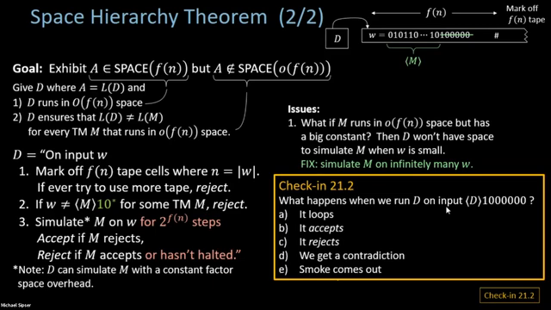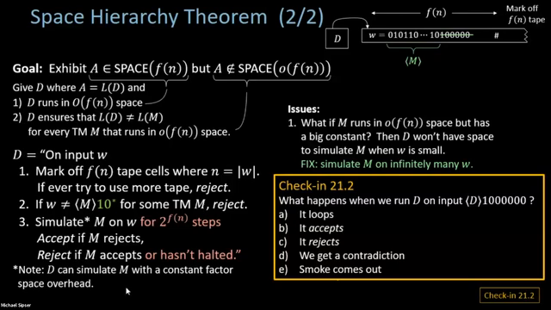When you run D on itself, what's it going to try to do? The very first thing, it's going to mark off f of n tape cells, and then it's going to get its input, which is itself, and try to simulate itself on the same input. That simulated D is also going to try to mark off f of n tape cells, but due to the simulation, there's going to be some cost.